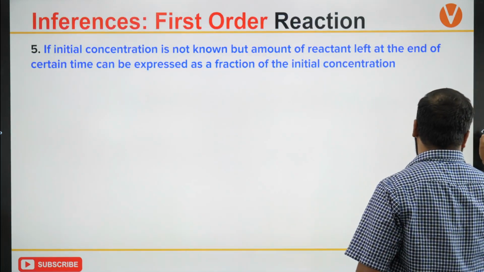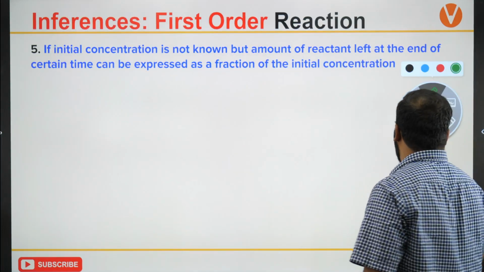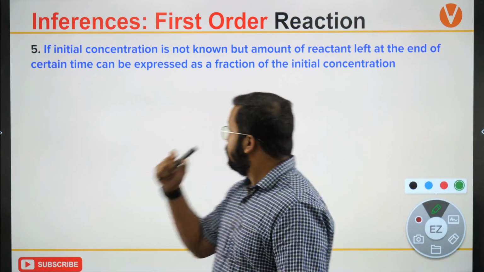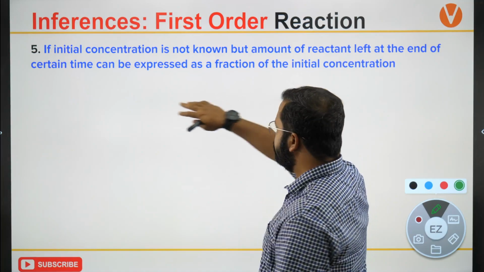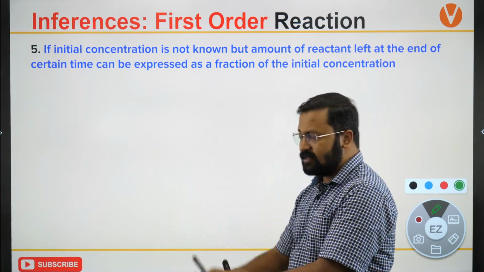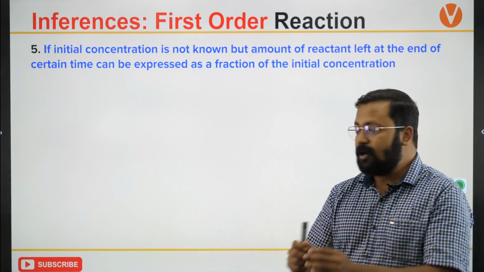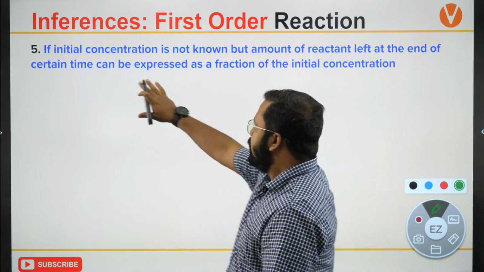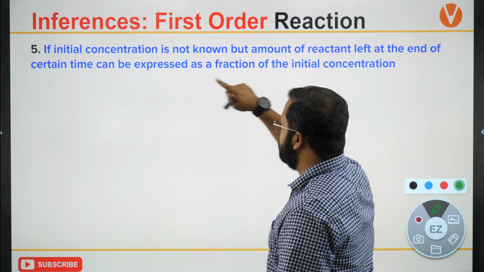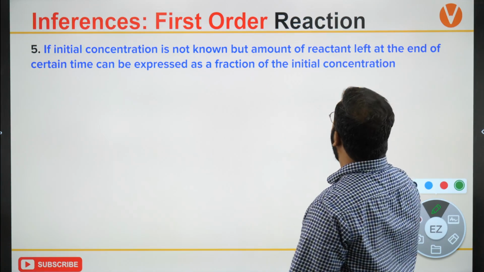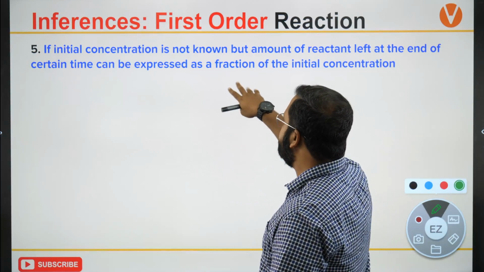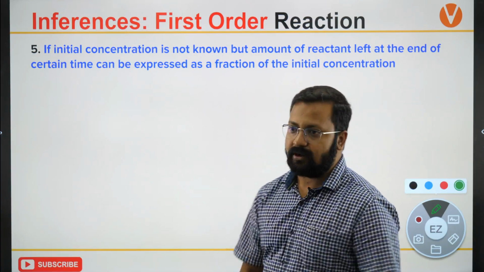Let's start today's session with the first idea, where we have to decide a certain inference which is dependent on this information. If the initial concentration is not known, but the amount of reactant left at the end of a certain time can be expressed as a fraction of initial concentration.